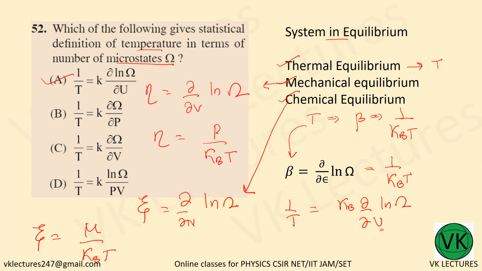So beta equals 1 by kBT, eta equals P by kBT, and zeta equals mu by kBT. Here mu is the chemical potential and P is the pressure. So these are the different standards for measuring equilibrium: thermal equilibrium, chemical and mechanical equilibrium.